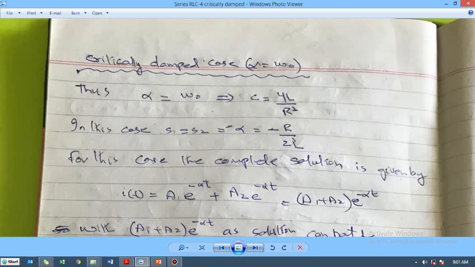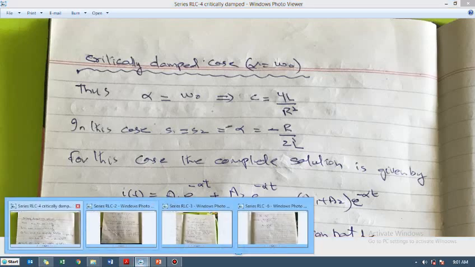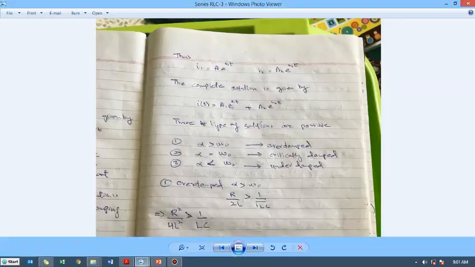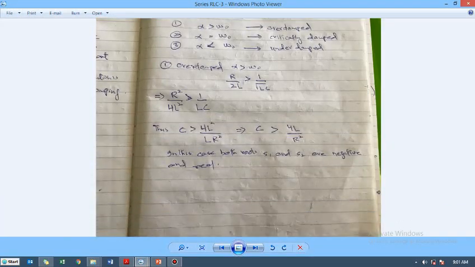In the last page, page 3, I told you about the overdamped system. In this, alpha will be greater than omega, which means that C will be greater than 4L upon R square, and the roots will be real, S1 and S2 negative.